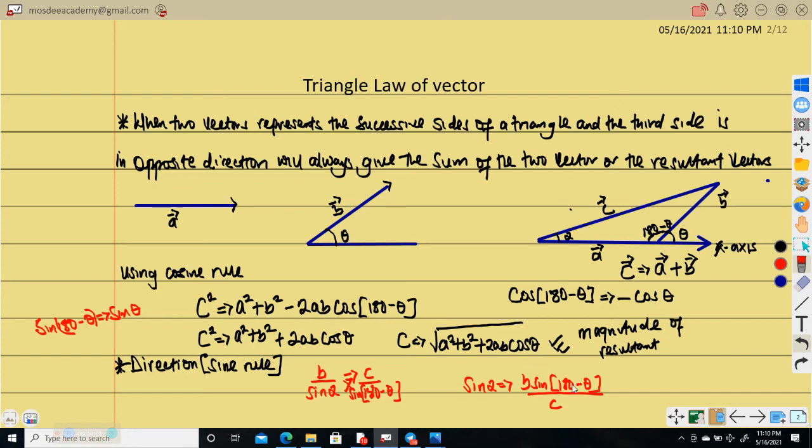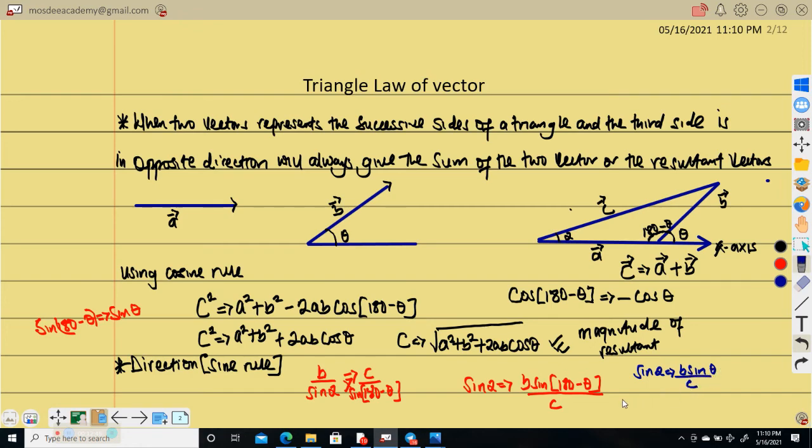So a quick one here, we just write this as an equation. Directly we can say sine alpha is equal to B sine theta, as I have changed sine of 180 minus theta to sine theta, over C.